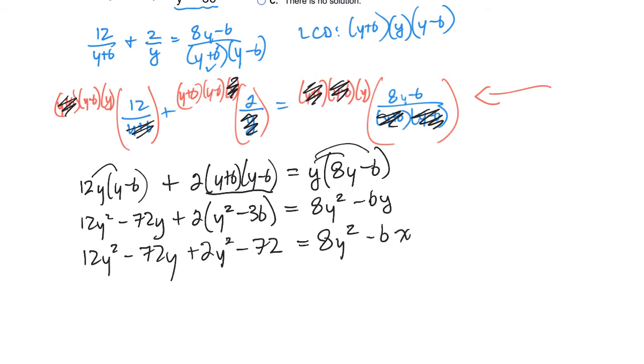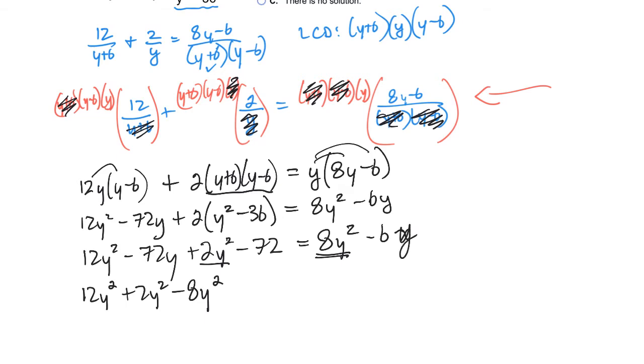It's a quadratic, so let's bring everything over to the left side. So I've got a 12y squared, and then I've got a plus 2y squared, and then if I bring this over, it'll be a minus 8y squared. Oh, this should be a y.